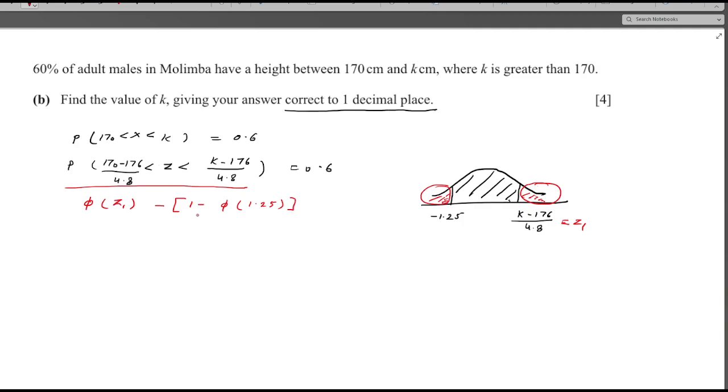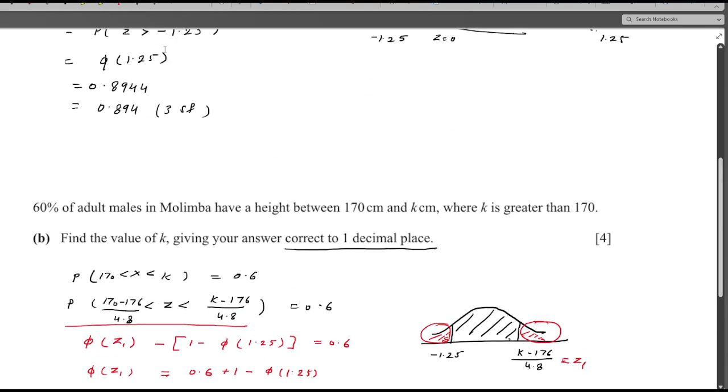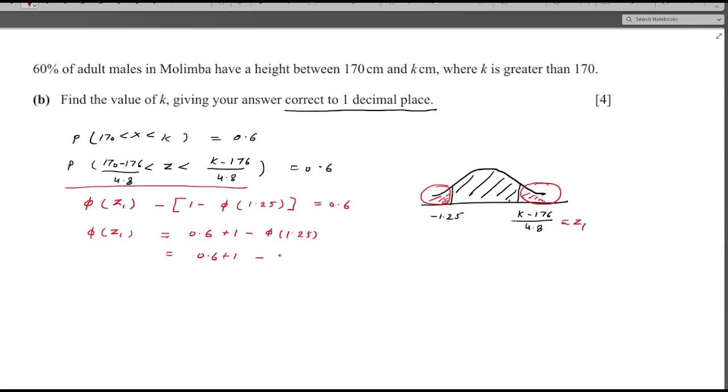So phi of z1 minus this is equal to 0.6. From here you can find phi of z1. Phi of z1 is 0.6, then this minus 1 becomes plus 1, and this plus phi becomes minus phi of 1.25. So here it is 0.6 plus 1 minus 0.8944.